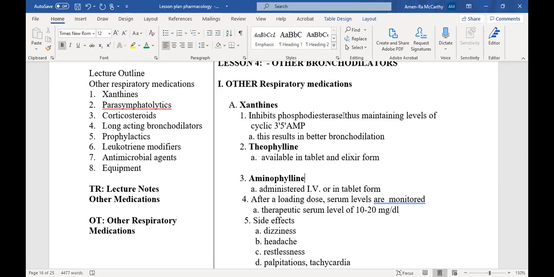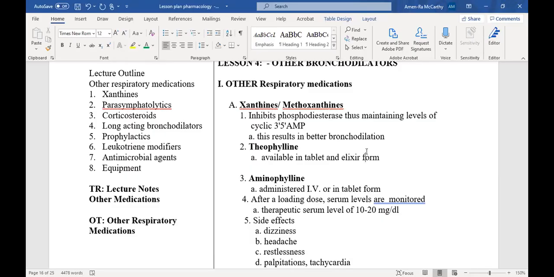Sometimes they're called methylxanthines, okay? You may see that. Xanthines or methylxanthines. They block phosphodiesterase, and there's only two of them, theophylline and aminophylline.